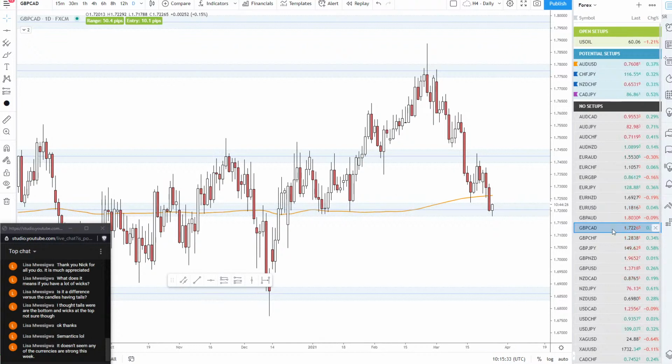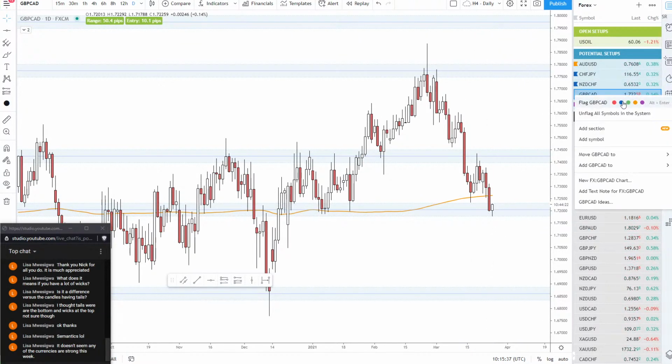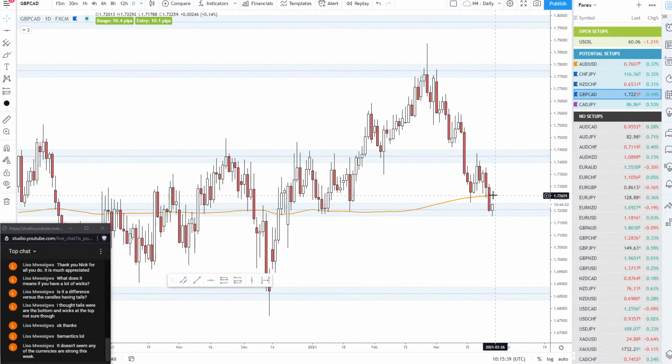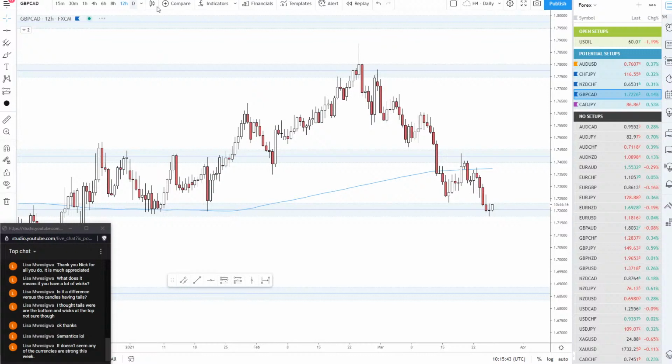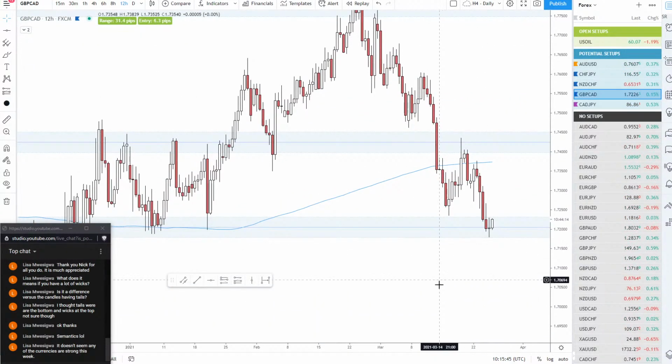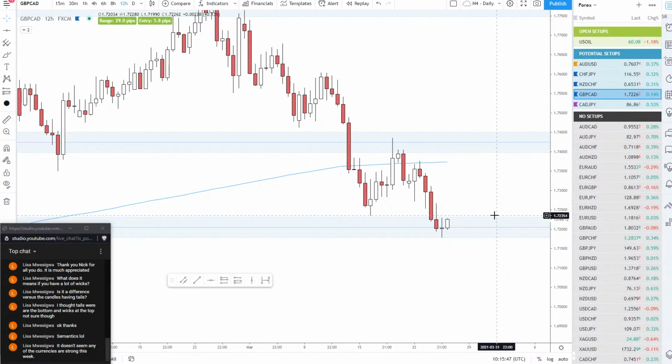Maybe GBPCAD could be giving us a reversal. Long reversal from this support area on tomorrow's daily candle close, or if you want to, you could enter almost right now. As soon as it breaks above, enter at the 1.7235 on the 12-hour. I'm not going to do the 12-hour. I think it's a bit too risky.